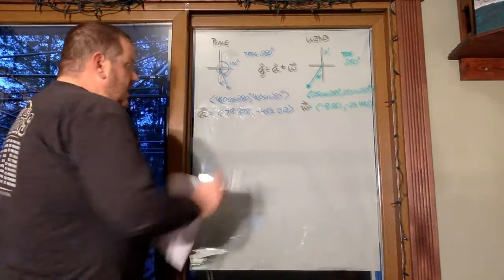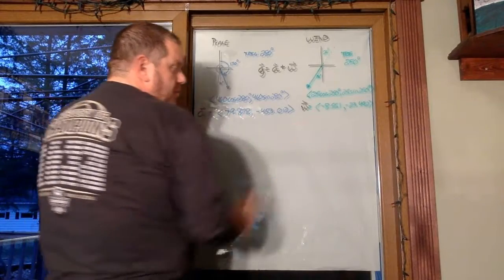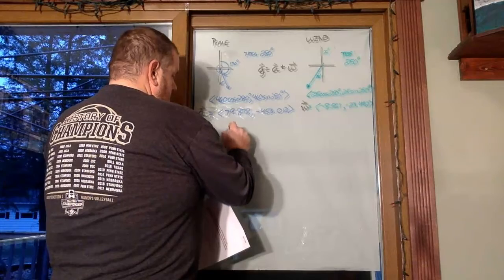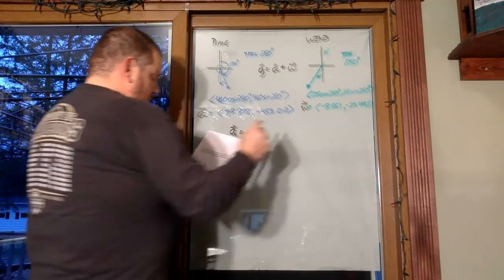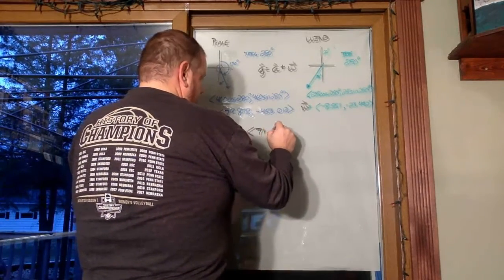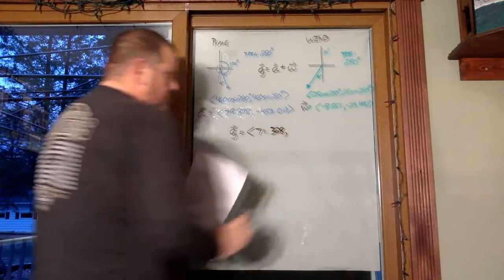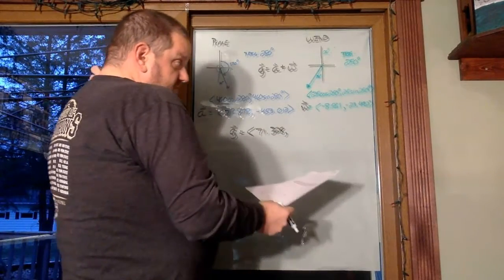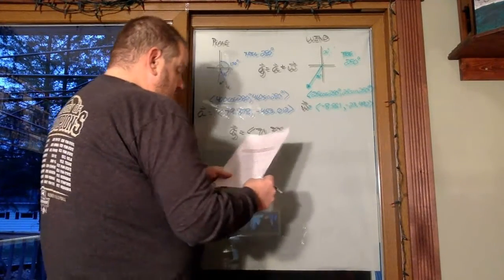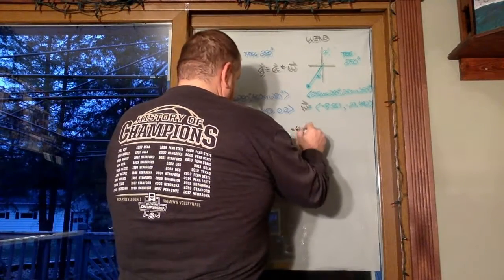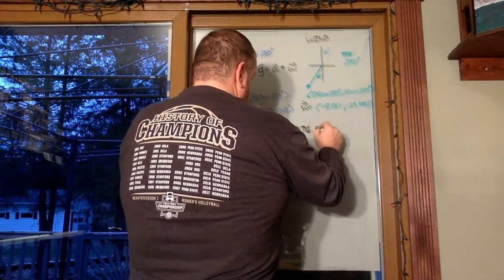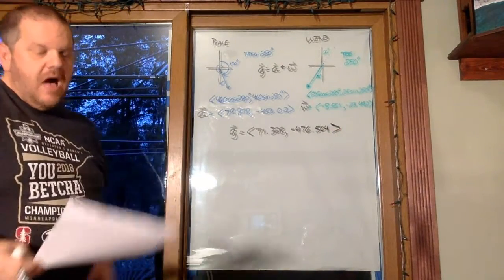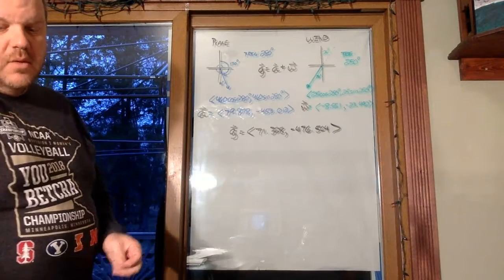So 79.878 plus negative 8.551 gets me 71.328. Negative 453 and change plus negative 23 and change gets me negative 476.504.